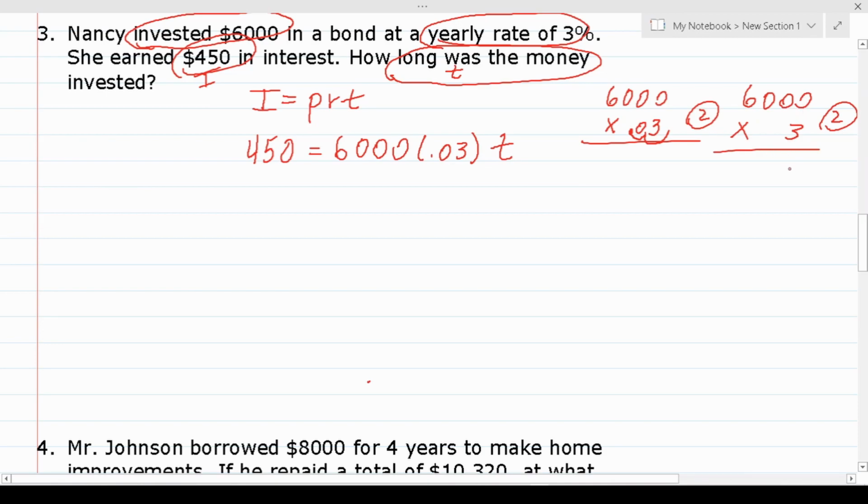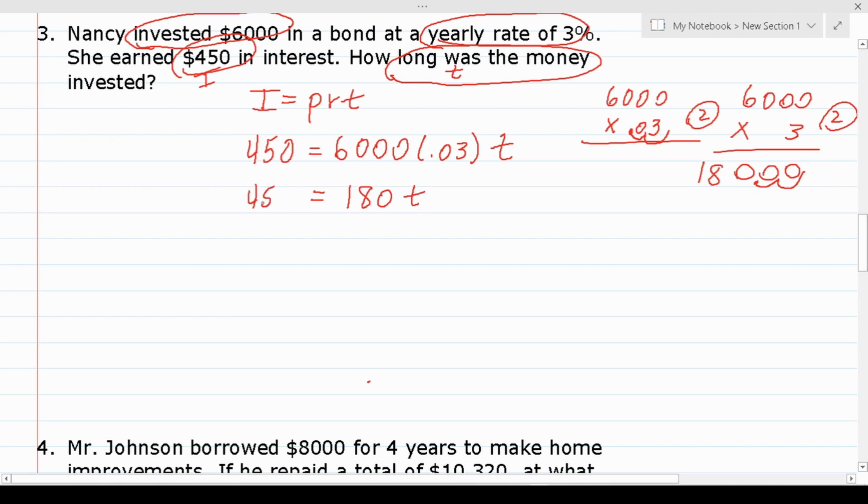This is 0 times 3 is 0, 0 times 3 is 0, 0 times 3 is 0. 6 times 3 is 18. Shift our 2 decimals back in. 1, 2. So we can see 6,000 times 0.03 is 180. And of course, that's multiplied by t.